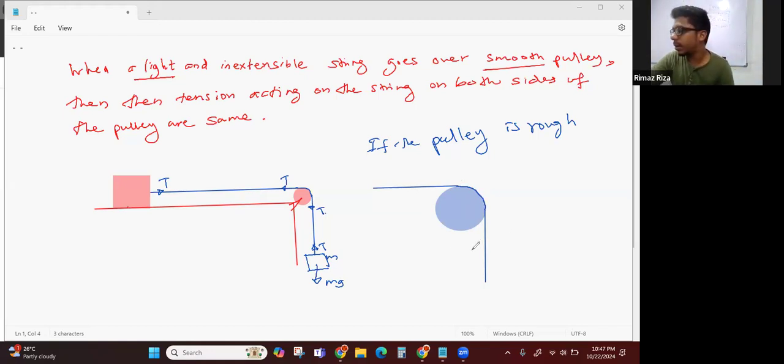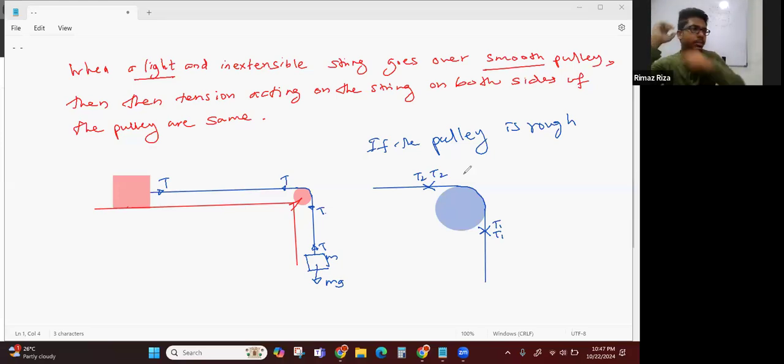Now if this is rough, here the tension is, let's say at this point T1. But here the tension will be different, T2, because the pulley is rough now. So you can note down that as well. Okay, so these are the important facts regarding the tension force.